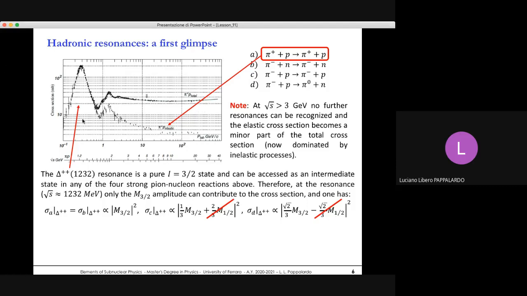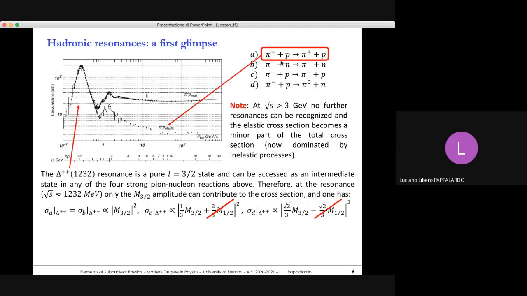Now, this is indeed our Delta++ 1232 resonance. And it is a pure 3/2 isospin state. And it can be indeed accessed as an intermediate state in any of these four pion-nucleon scattering reactions, in the sense that, for instance, suppose you are colliding a pion beam over a proton target.